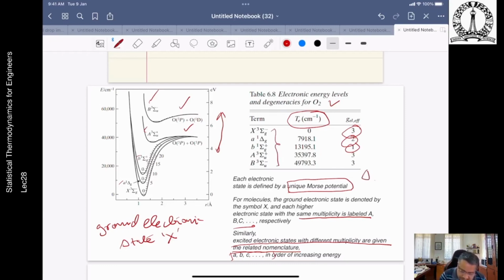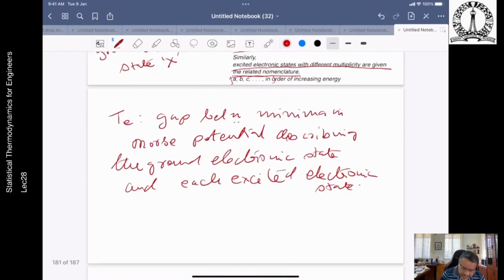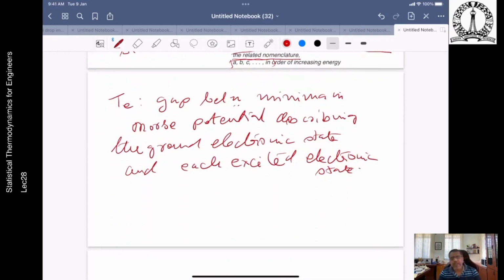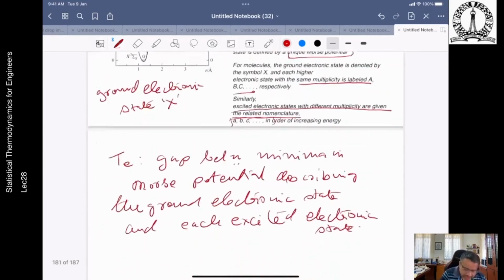Delta, sigma, and A, B, C, we already noted what those are going to be. But there are a couple of plus and minus signs that we see, which we'll come to in a little bit. Similarly, for excited electronic states of different multiplicity, we know what they are given by. Now you can see certain subscripts g and u.